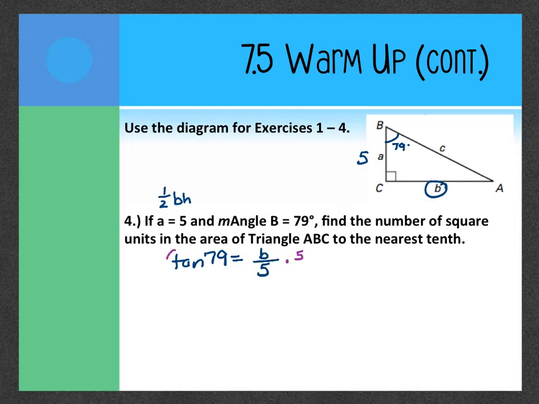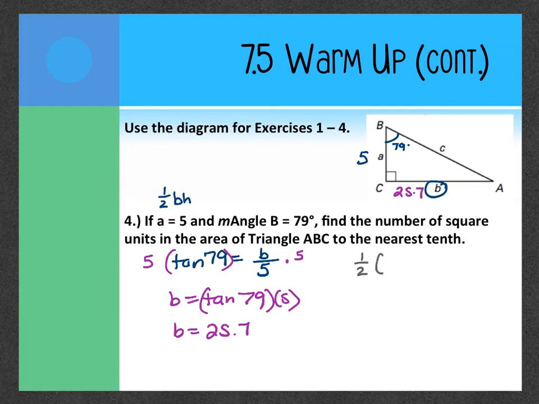Multiply both sides by 5. B equals the tangent of 79 times 5, which is 25.7. Now I can find the area by doing 1/2 times 25.7 times the height, which is 5.